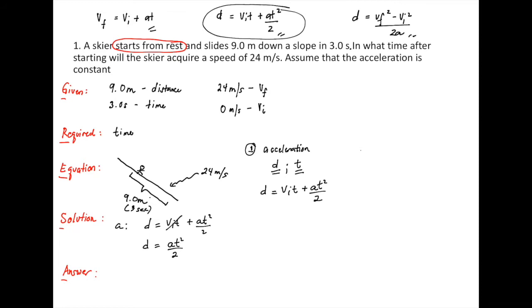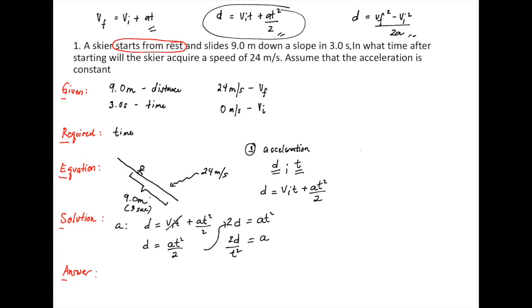Now, we should derive for acceleration. So we could have 2d equals at squared. Deriving now for the acceleration, we simply have 2d over t squared.